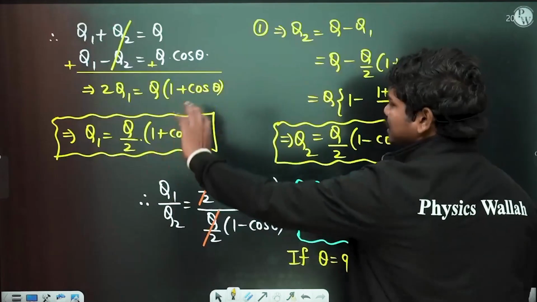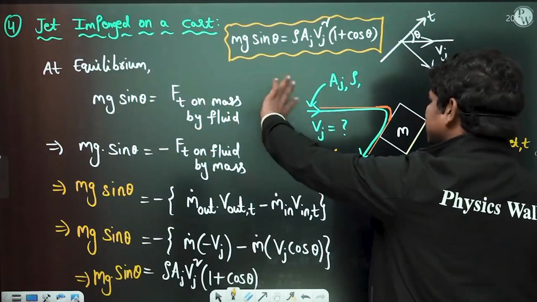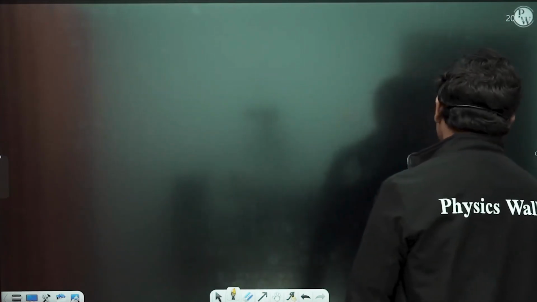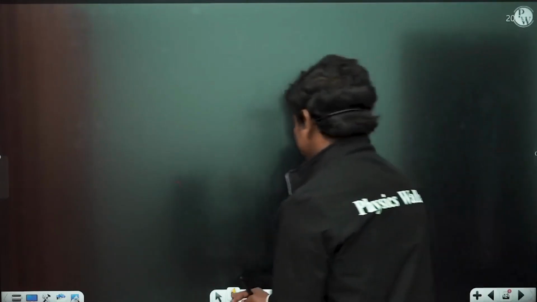Okay, so we have seen the stationary cases, whatever could be the case. This is how we act. Now force exerted on a moving vane.